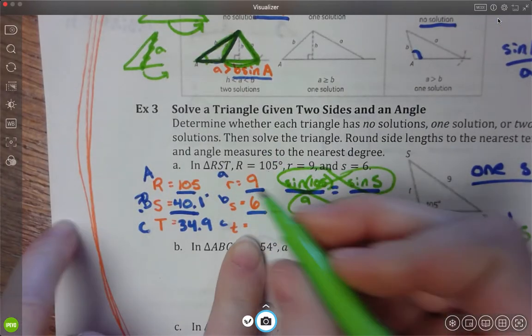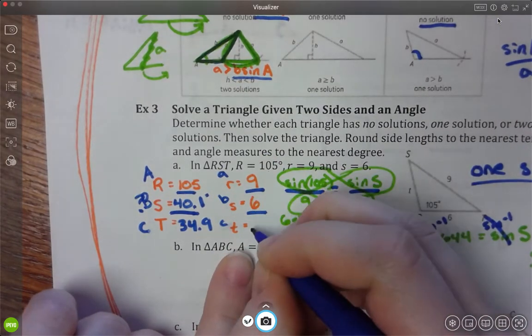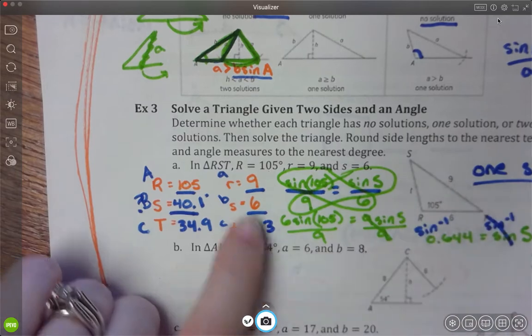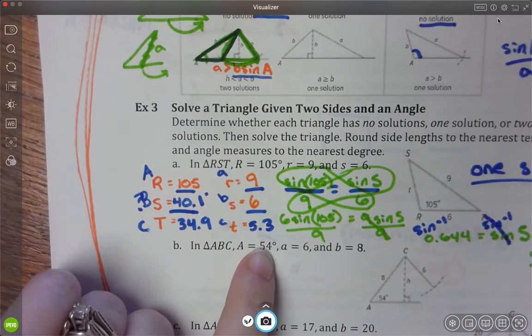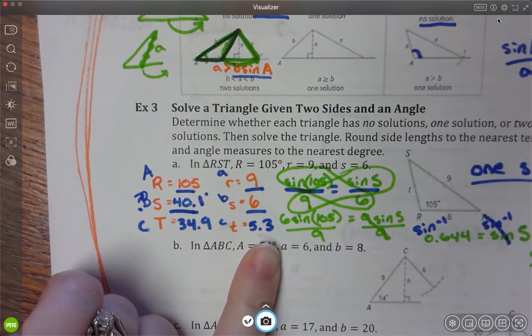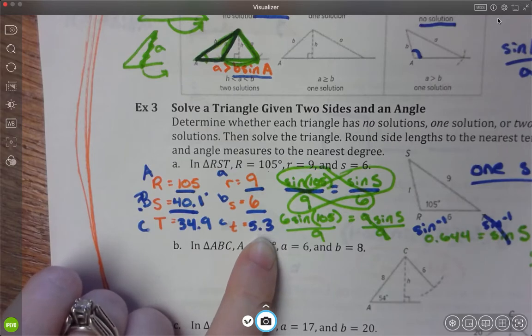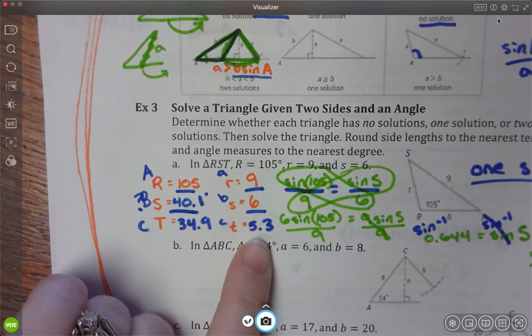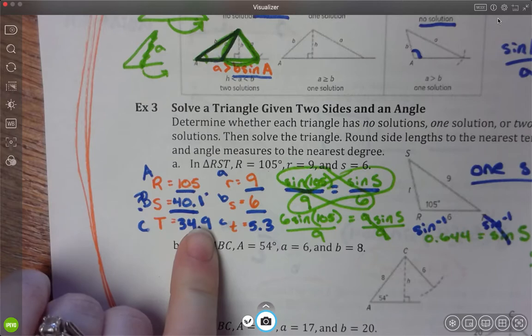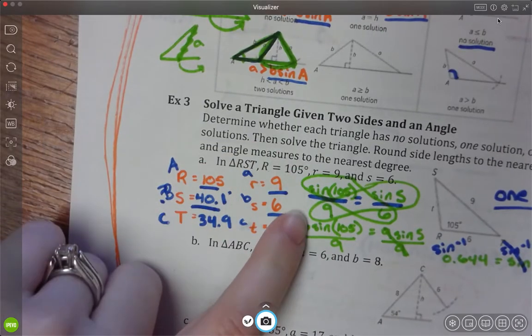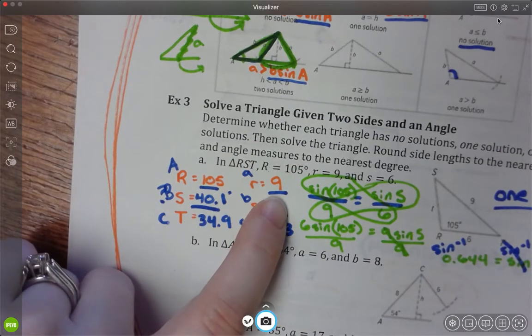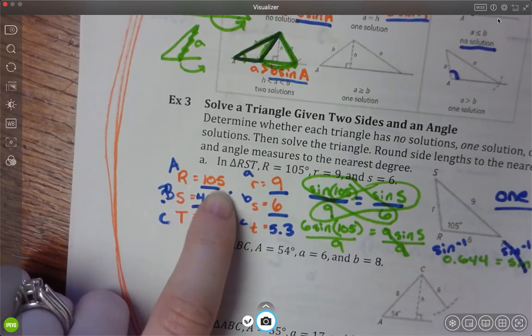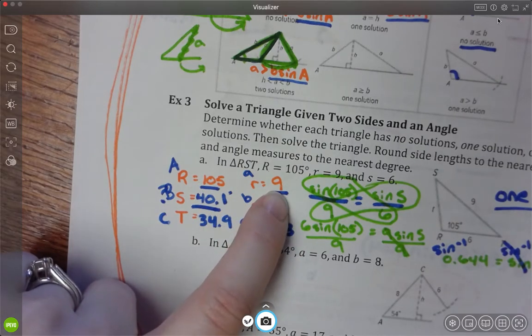Okay, let's check to see if this seems reasonable at all, because if 9 and 6 are my other two sides, this probably isn't going to be like 105 or something like that, right? 5.3 seems pretty appropriate. Also, when you're looking at this, your largest angle should be opposite the side that is largest.